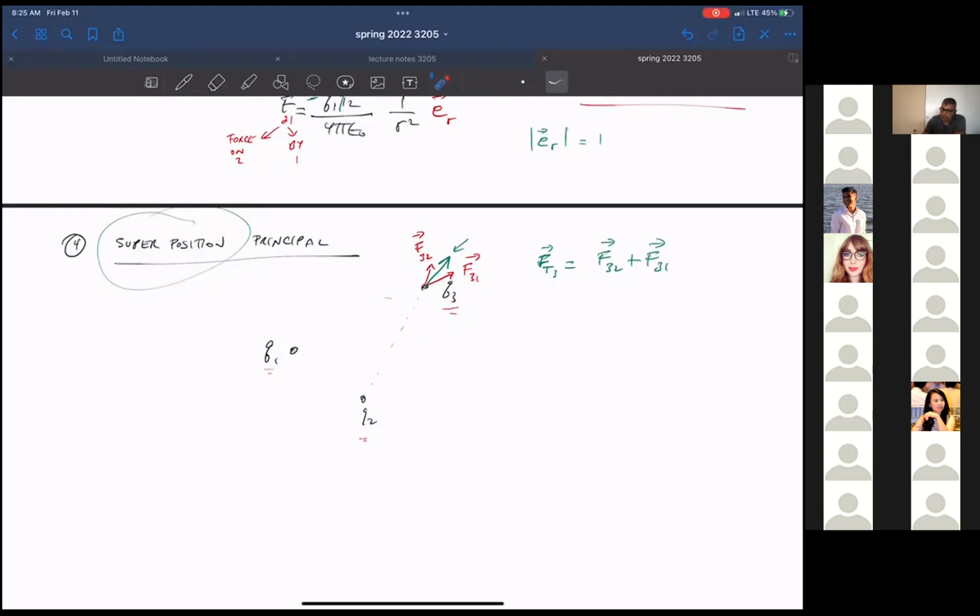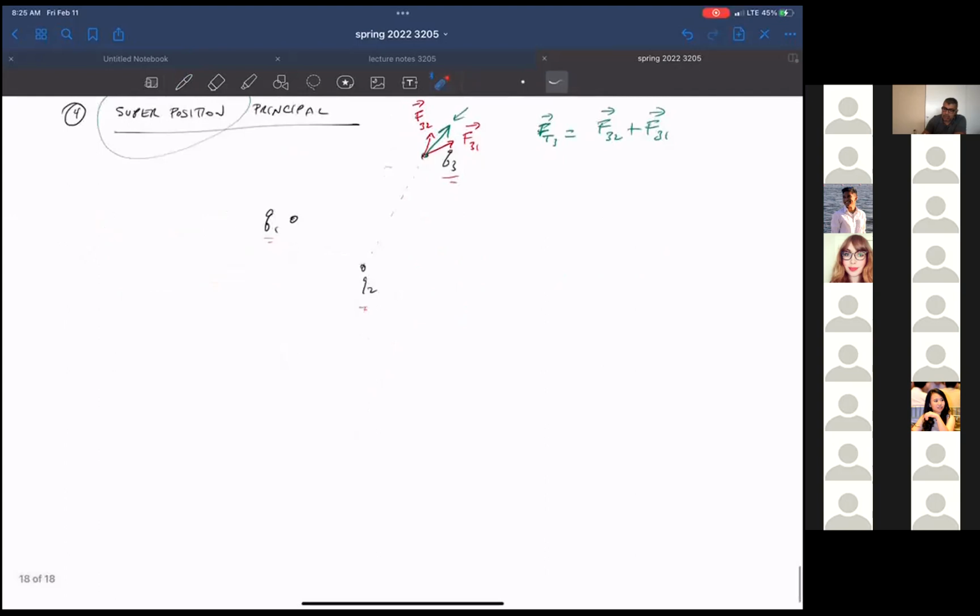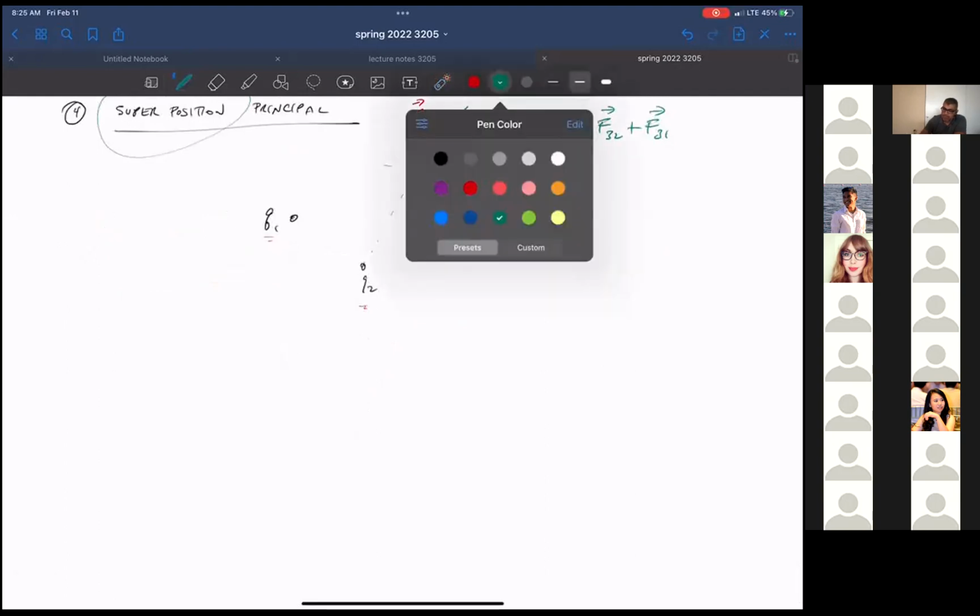Okay, so that was Coulomb's law, and then we also talked about electric fields.